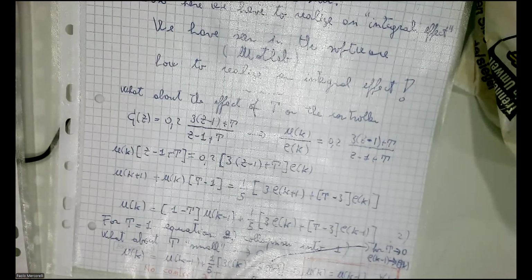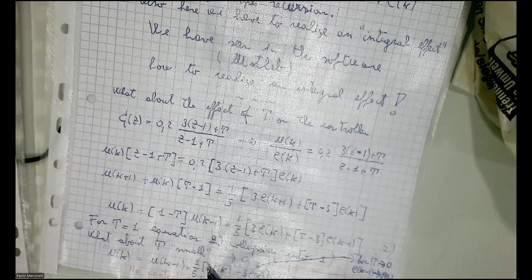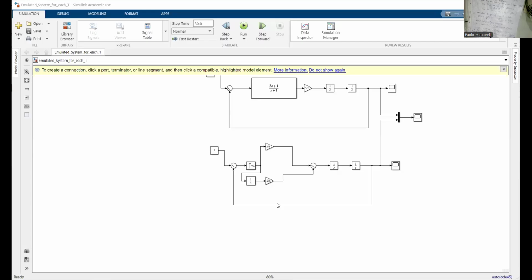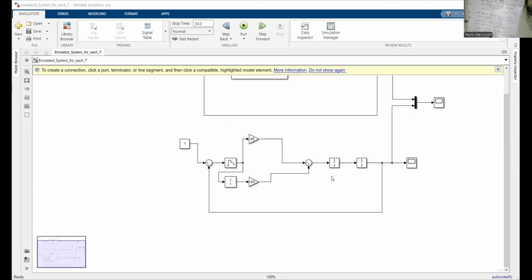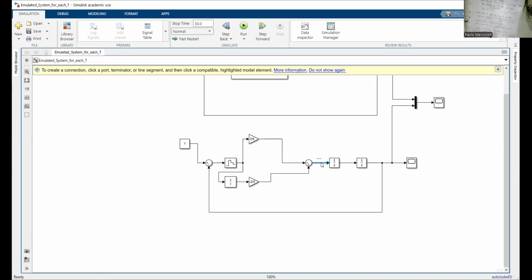This expression here is a function of t. This means 1 minus t, u of k minus 1. Here the absolute value is not here.